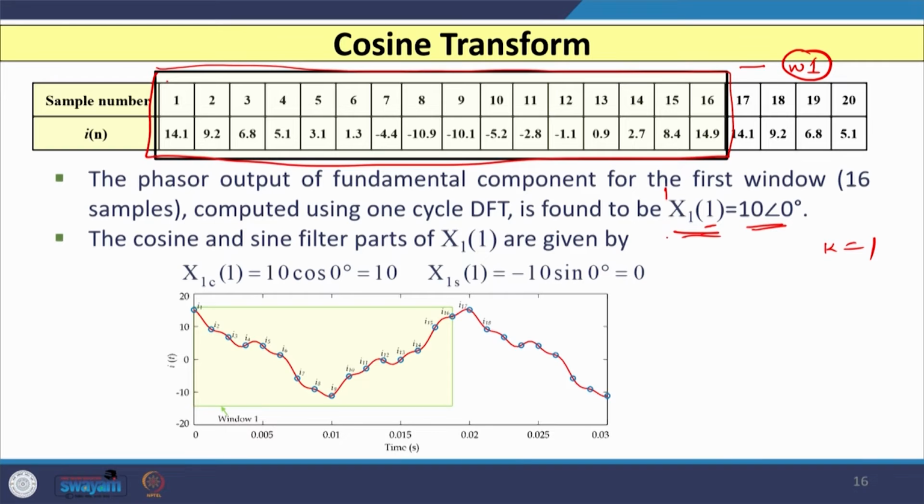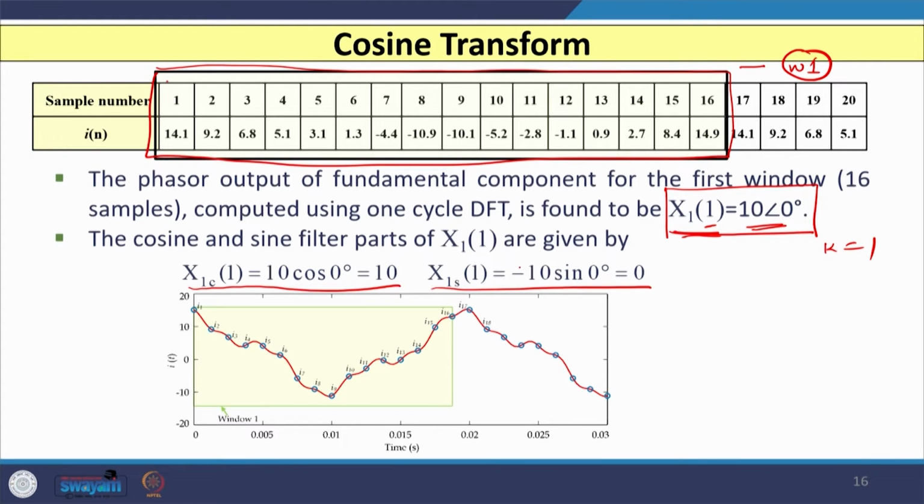Now, if I find the cosine filter and sine filter using this X1, that is 10 angle 0, then the cosine filter X1c of the fundamental term is given by 10 cos 0, that is 10, and the sine filter X1s of the fundamental is given by 10 sine 0.